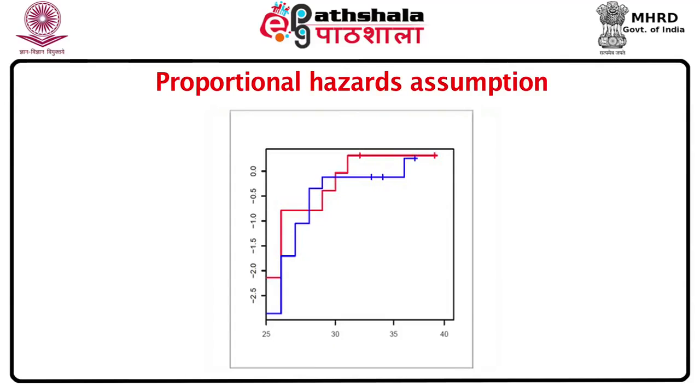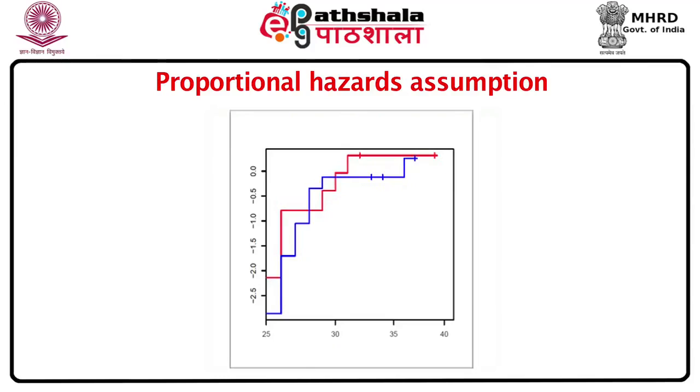Now, when we model this hazard function, a very common assumption which is made is that hazards are proportional. This means that if we compare two individuals in terms of their hazard function at a fixed time t, and the covariate values for these two individuals are x1 and x2, then the differences in hazard should always be proportional to the difference in their covariate values.